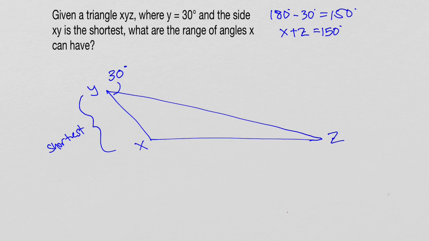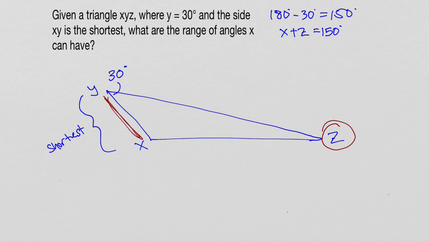So, now what? Well, look at this for a second. The side XY is the shortest, so that must mean that Z is the smallest angle.